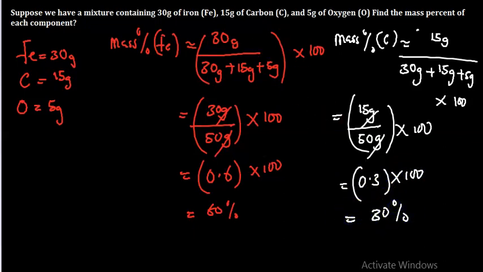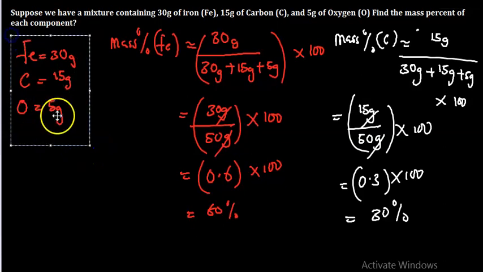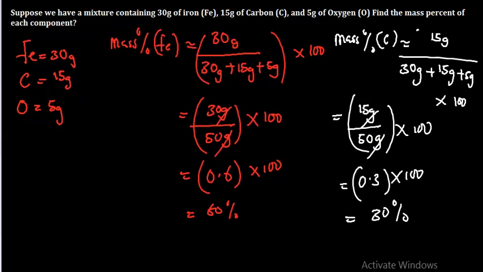What about the last one? The last one we are asked to find is the mass percentage of oxygen. In this case, let's say the mass percentage of oxygen. Oxygen is 5. This is simply going to be 5 grams divided by iron, carbon, and oxygen.